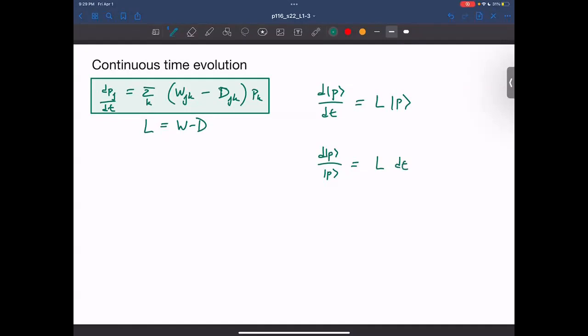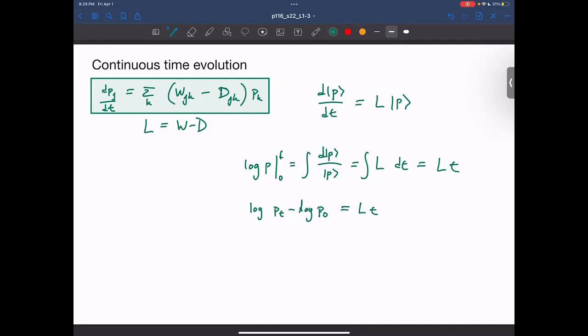So again, we assumed L is time independent, so we can just integrate both sides. This gives us L times T. The other side, we get log of P, evaluated from 0 to T. So it gives us log P(T) minus log P(0) is equal to LT.